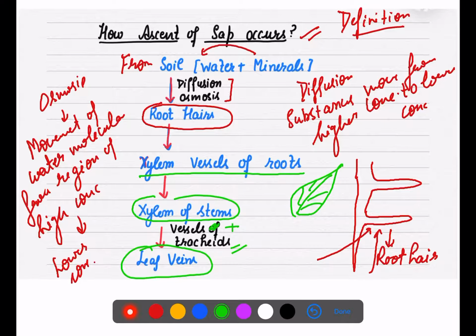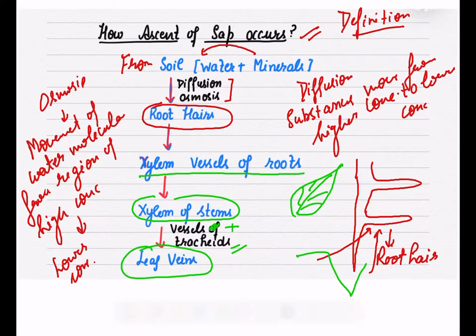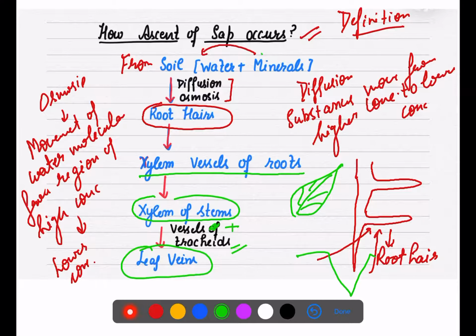Again, I am repeating, soil is the main reservoir from where water and minerals are absorbed through the process of diffusion and osmosis. These water and minerals are first taken up or absorbed by the root, then they reach the xylem vessels of roots. From roots they go to the stem and ultimately reach the leaf veins.